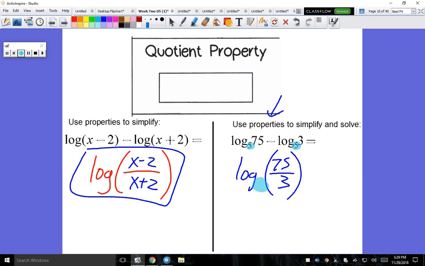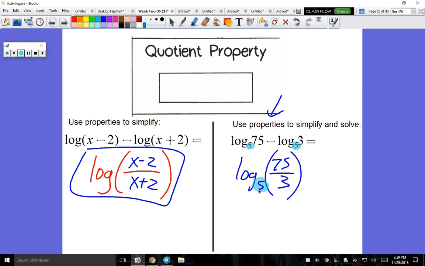No. You do. 10 is the only one that you don't have to write. You do on this one. The 10 you don't because it's understood, but anything other than 10, I want you to, okay?